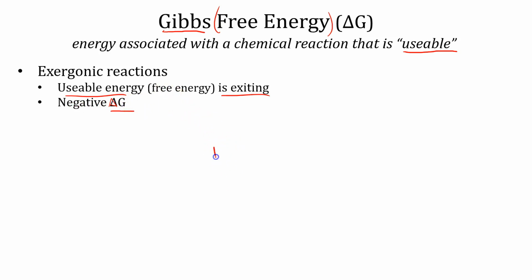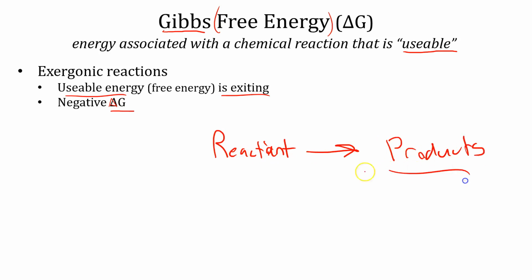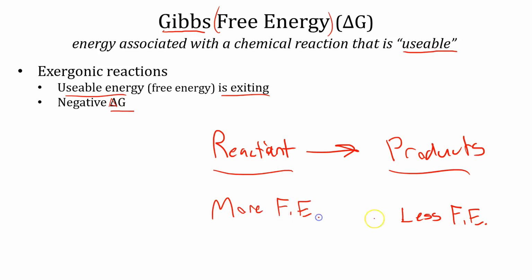So an example would be, let's say you have some reaction, there's the reactant, and then it leads to the products, right? Well, a reaction that would have a negative delta G would mean that you have less free energy after the products are made and more free energy here, okay?